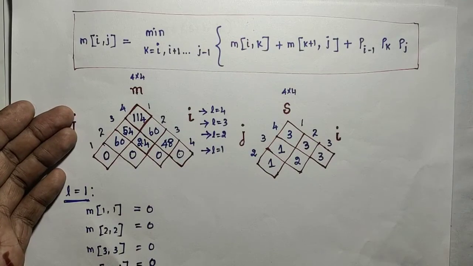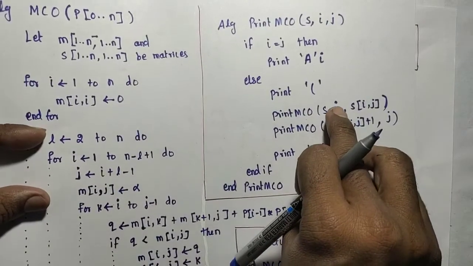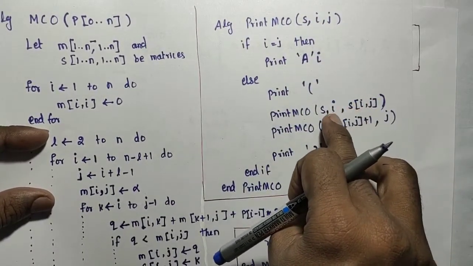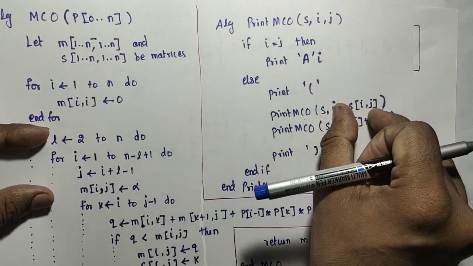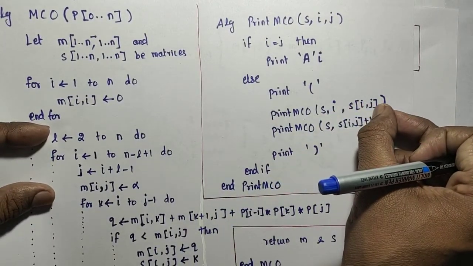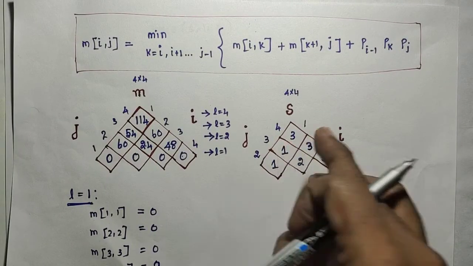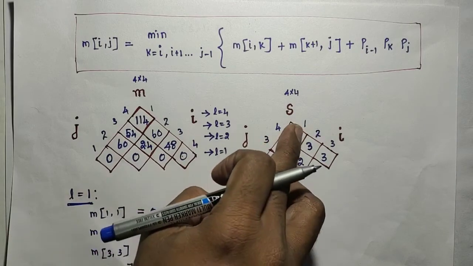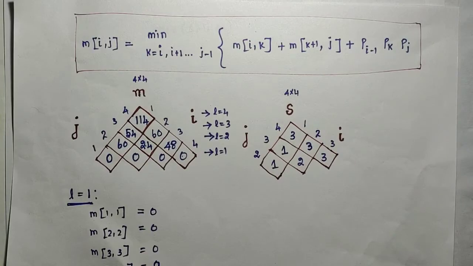For that reason, in the algorithm the left side is i to s of i comma j, and the right side is s of i comma j plus 1 to j. Since the split occurs at 3, i to 3 is on the left side and 3 plus 1 to j is on the right side.